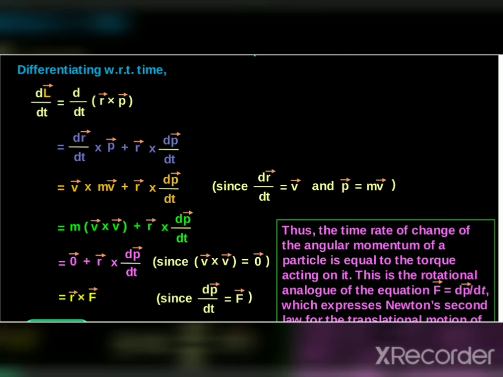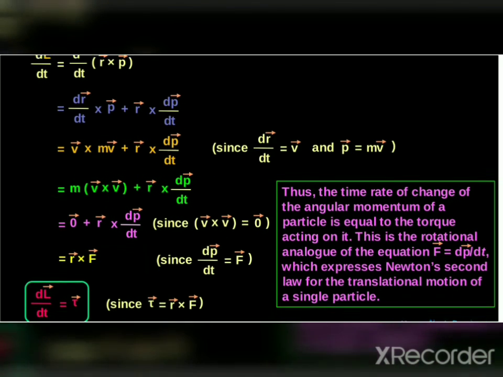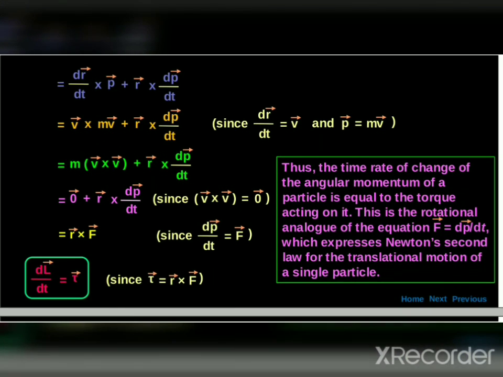In the next step v is common, and v cross v is 0, because the same vectors are multiplied here. So you will get r cross dp by dt, that is r cross F, and r cross F is torque tau, so dL by dt is tau.